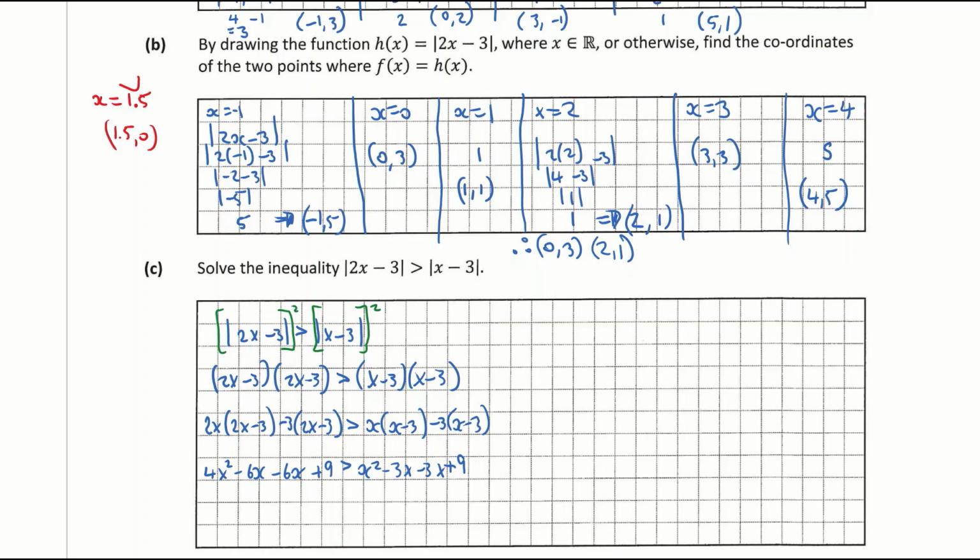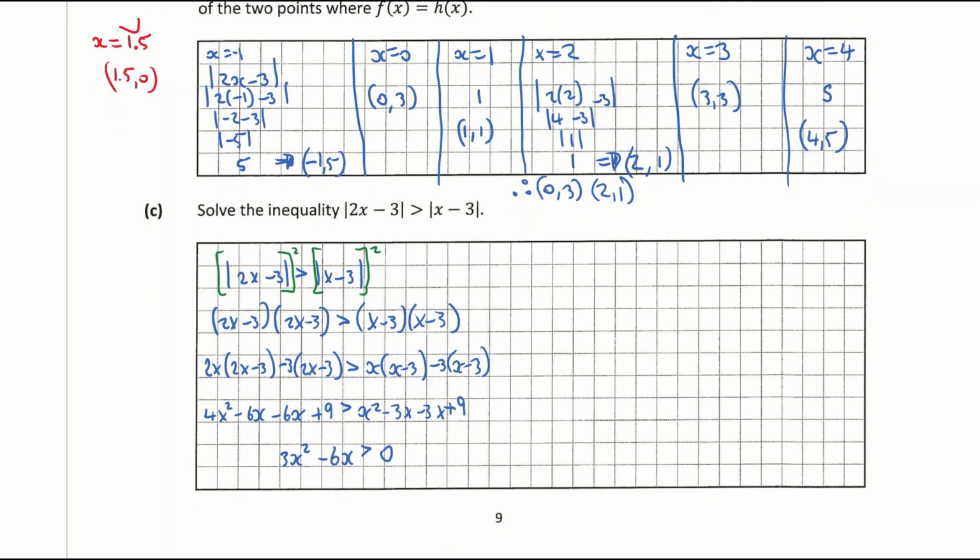And when I move everything to the left hand side and tidy it up a wee bit, I'm getting 3x squared minus 6x is greater than or equal to 0. I need to solve that now, so I'm just going to do a little bit of factorizing so I can take out 3x. So 3x multiplied by x minus 2 is greater than or equal to 0.